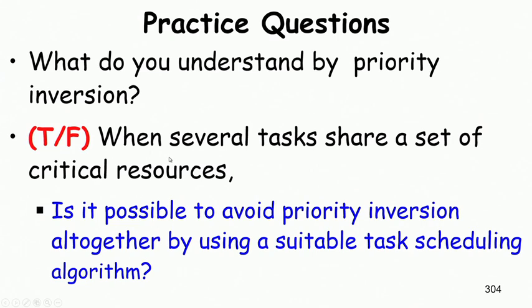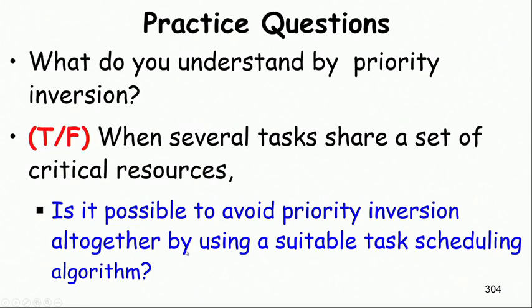Now, let us move to the next question. When several tasks share a set of critical resources, is it possible to avoid priority inversion altogether? Can we really make the number of priority inversions 0 when we have tasks that share resources by using any resource sharing protocol, maybe the priority ceiling protocol, maybe highest locker, or the simple inheritance based protocol?